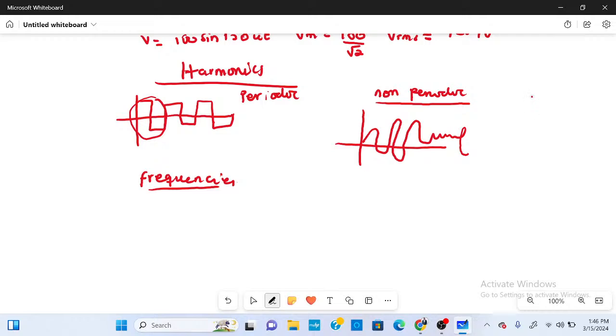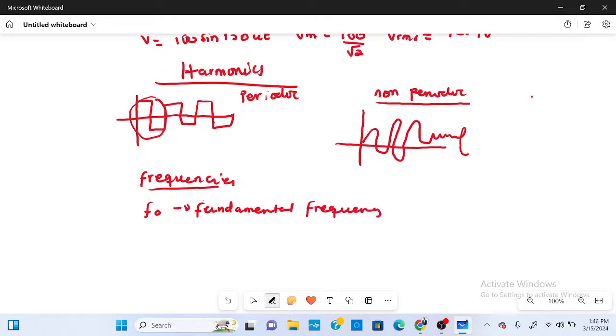But as I said, the frequencies follow a pattern. So we have F naught, which is called the fundamental frequency, from which the other frequencies are born. Fundamental frequency.